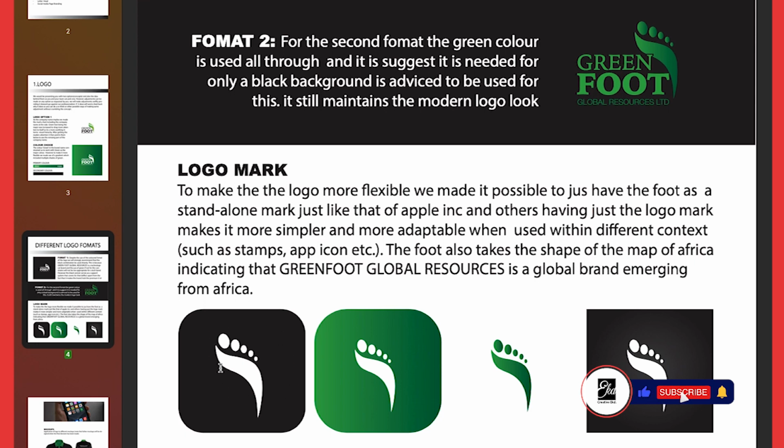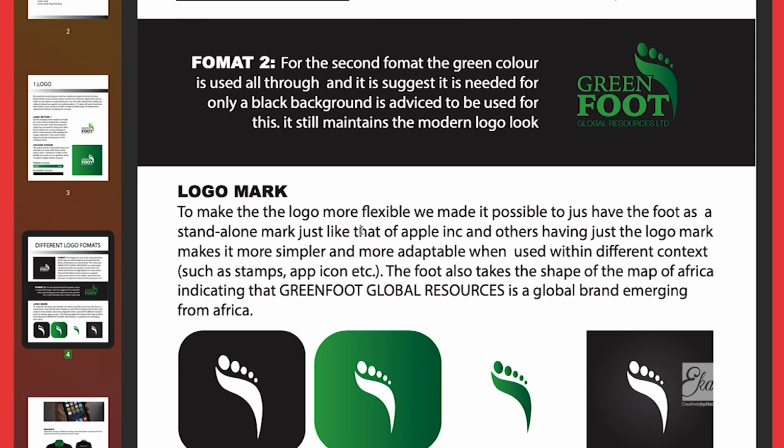You can just visualize this and take this as the app icon, the mark just standing alone. Like I said, the foot is also looking like the map of Africa, which shows that the brand is emerging from Africa. So you want to tell your client all the concepts. If not, they would likely reject, or they will not understand the idea behind things.